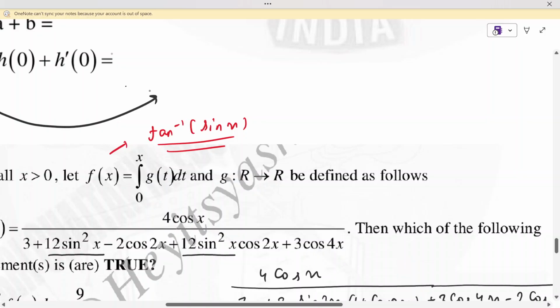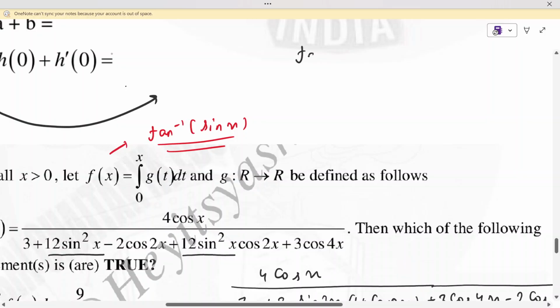What is the expansion of tan inverse x? You know how we can derive it as well.